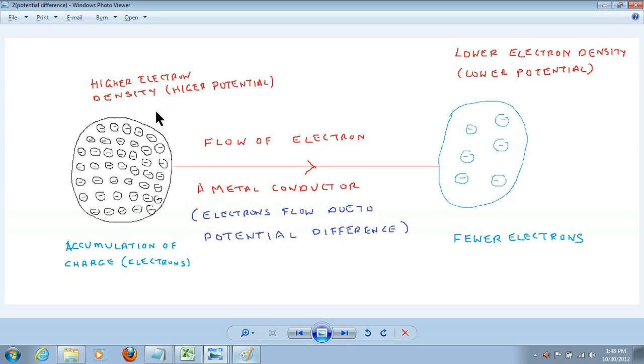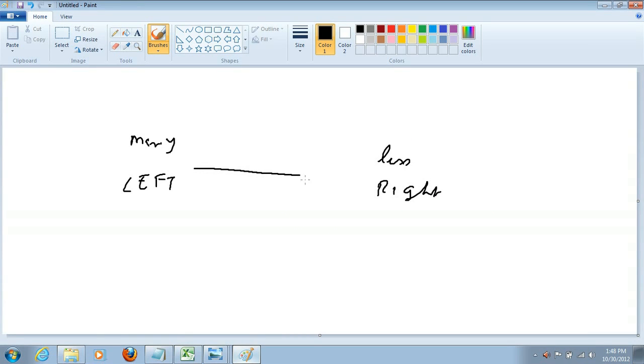Just like two buckets of water having different levels of water, when we connect these two storages having different electron density, the electrons will flow from the left to the right. So electrons will flow due to potential difference. As in the case of water there is a difference in potential energy, here we call it a difference in potential, or a potential difference.